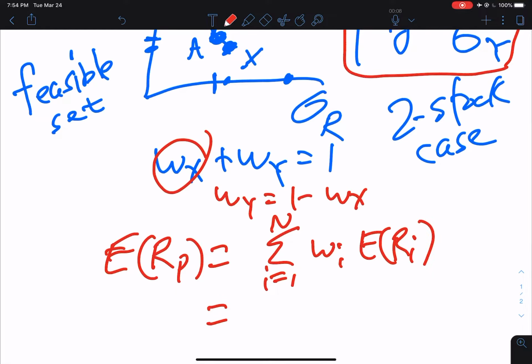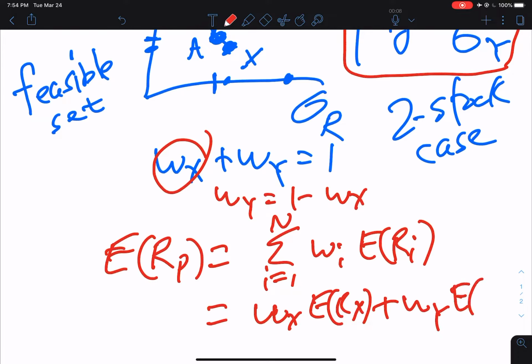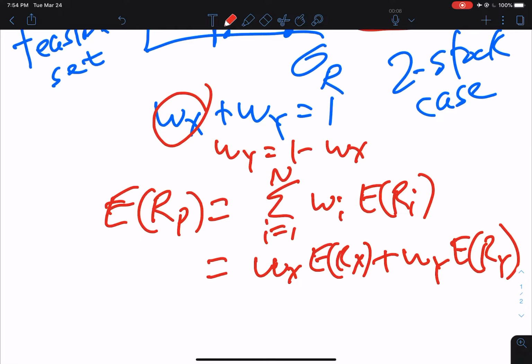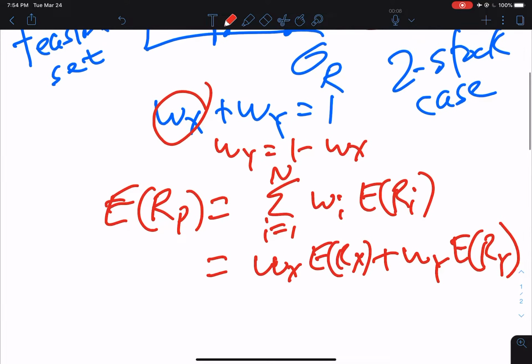And if we expand the summation here, we have, in our case, the weight in X times the expected return on X plus the weight in Y times the expected return on Y. And that's the simple summation expanded. So the expected return on a portfolio is a simple weighted average.